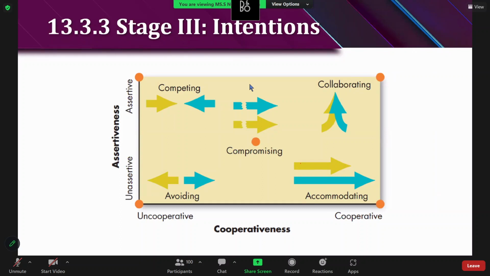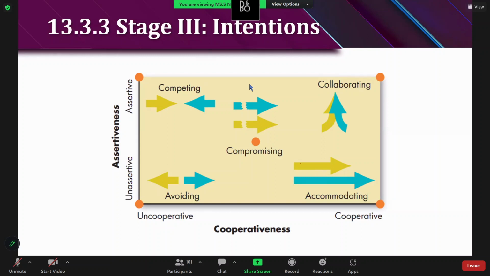If people are uncooperative and unassertive, their intention would be avoiding the conflict altogether. If they are uncooperative and assertive, their intention is to compete with each other.